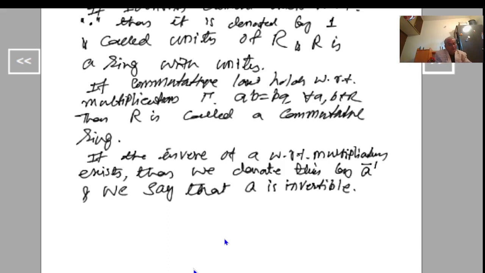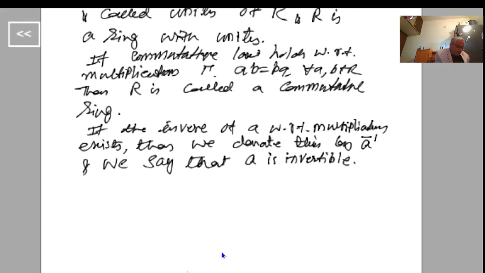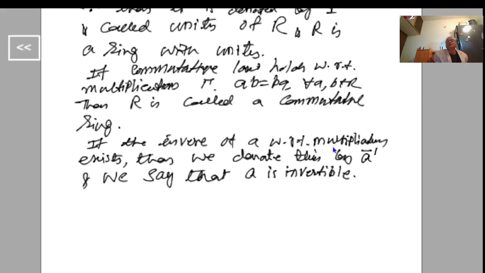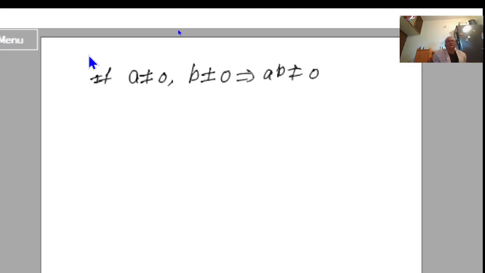Now, one more thing here. Usually what happens is, if A is not equal to 0 and B is not equal to 0, we get AB is also not equal to 0.